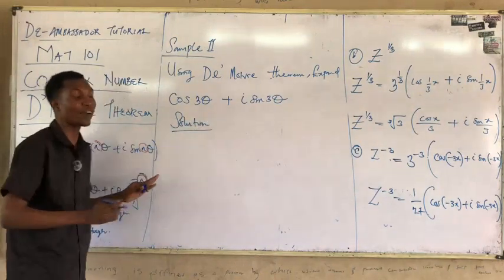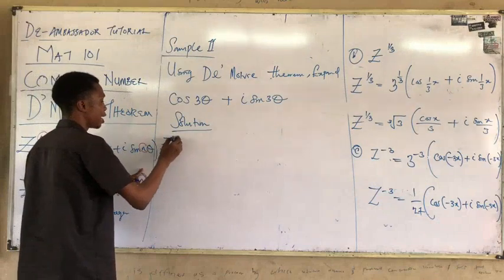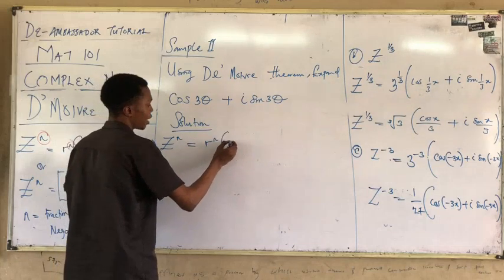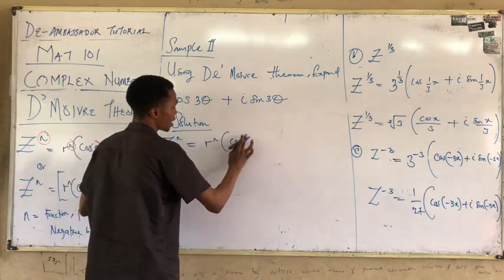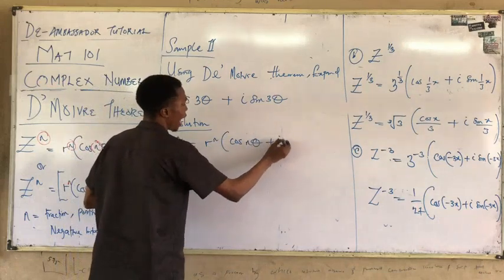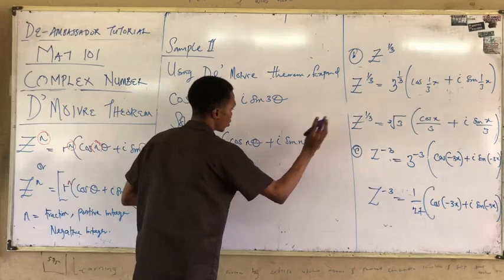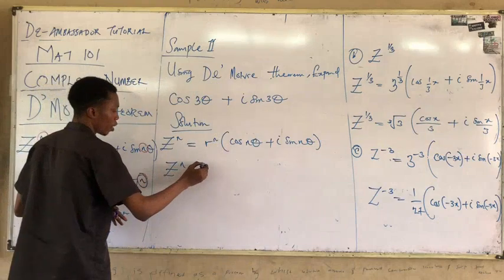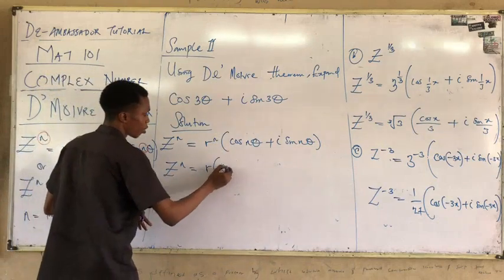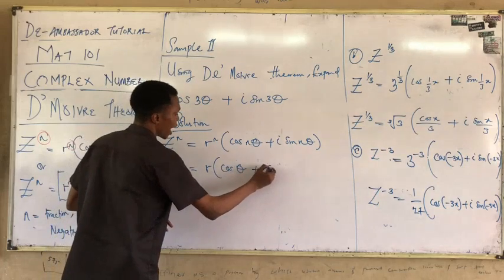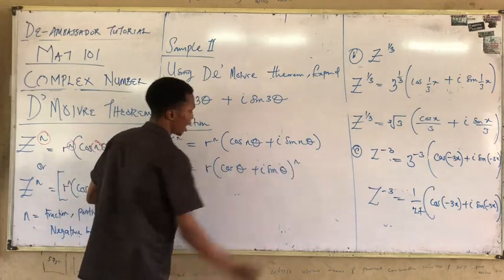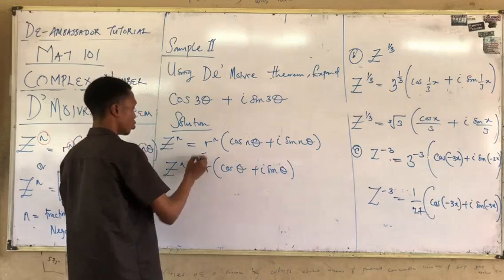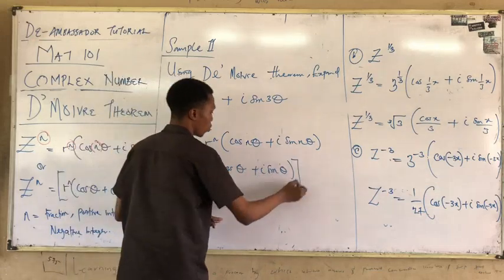Now recall, Moivre's theorem told us that anytime we have z in the power of n, it is equal to r to the n, then cos n theta plus I sine n theta. How will you write it? Now z to the n is equal to what? r in bracket cos theta plus I sine theta in the power of n.